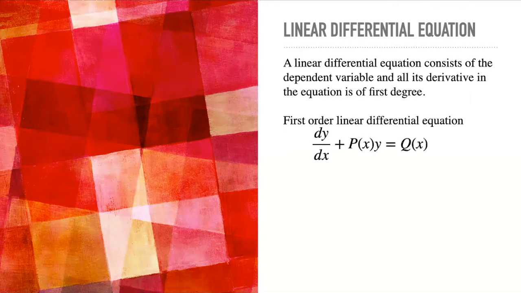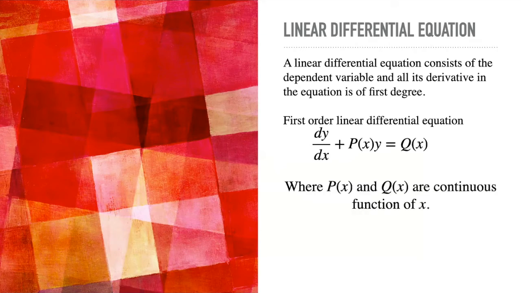So this is a general format for our first order differential equation where P and Q are classified as continuous functions of x. As I've stated, Px and Qx are continuous functions of x.